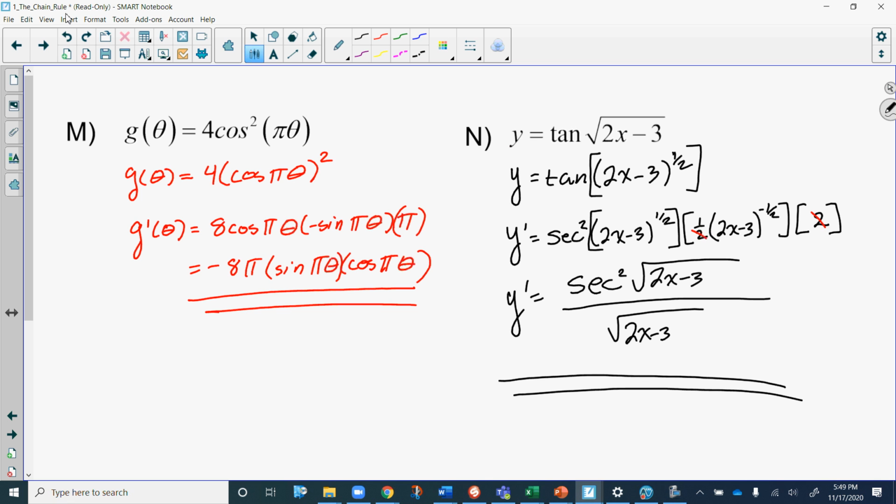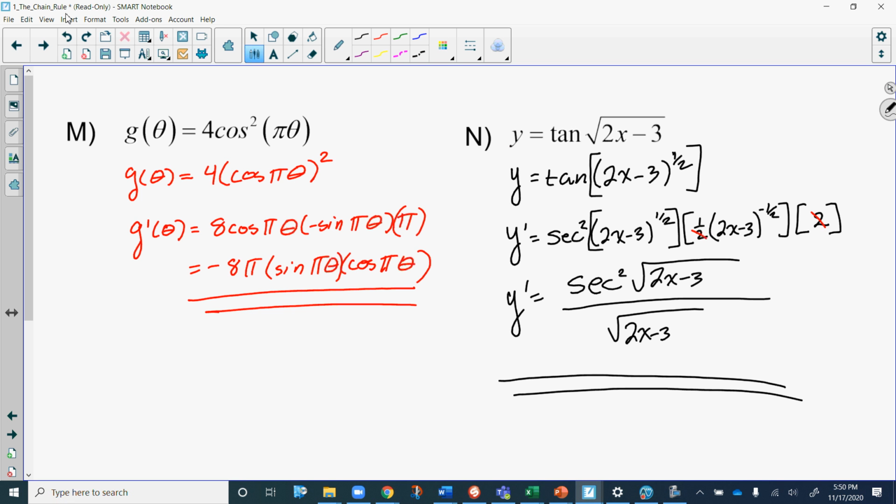So we use the power rule on that expression, and then we take the derivative of the 2x minus 3, which is going to give me a 2. The 1/2 and the 2 simplify, move the negative exponent to the denominator. And just to simplify things in this case, so I don't have to have 2 sets of parentheses on the secant, I'm just putting it back in radical form of secant squared radical 2x minus 3 over radical 2x minus 3.